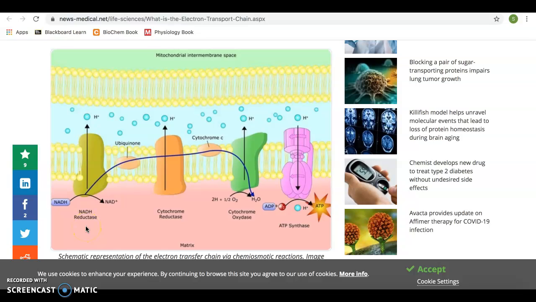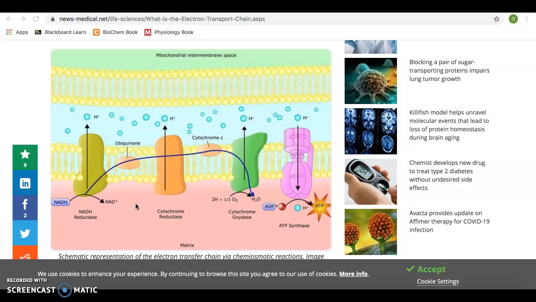So all of those NADHs that we produced in the previous cycles are being used up. And also our FADH2, in this picture it doesn't show the complex 2, which is our succinate dehydrogenase complex, but that forms FAD from FADH2.